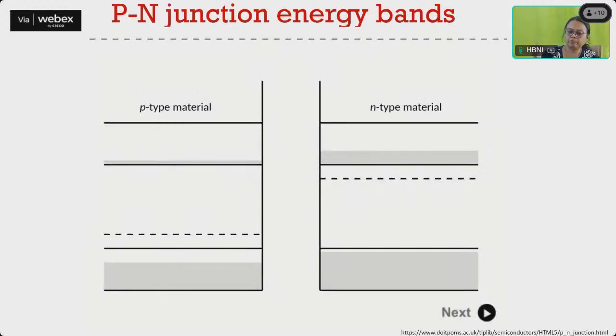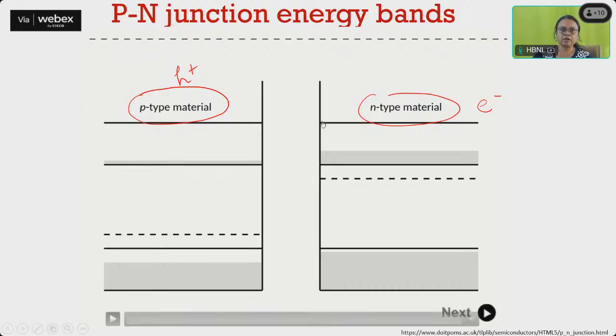Now we have the N-type material which has electrons as the charge carrier, and the P-type semiconductor which has positive holes. Now what is happening when we bring this N-type and P-type together? This is just a small animation.